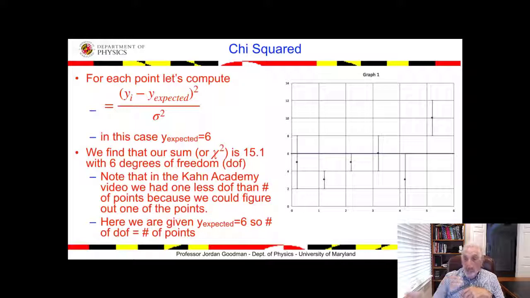But we made 6 measurements and asked, does it agree with the y value of 6? Note, in the Khan Academy video, we found that degrees of freedom were 1 less than the number of measurements because one of our measurements was constrained. Here, we're given 6 externally, so we have 6 individual degrees of freedom. So we have a chi-squared of 15.1 with 6 degrees of freedom.